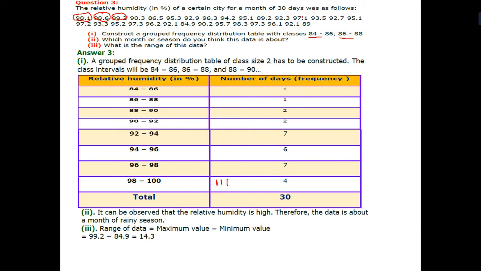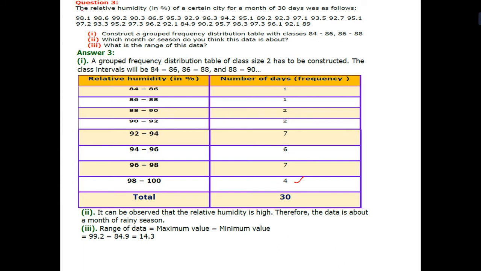So if you will go forward, 97, well it is not included, so 3. One is observation at here, 98.3. So 4 observations total are there, 1, 2, 3 and 4. It is not included. So 4 observations, so we have to write 4.